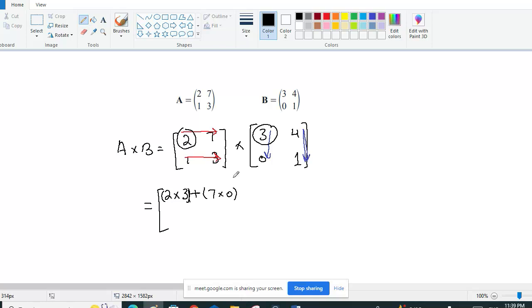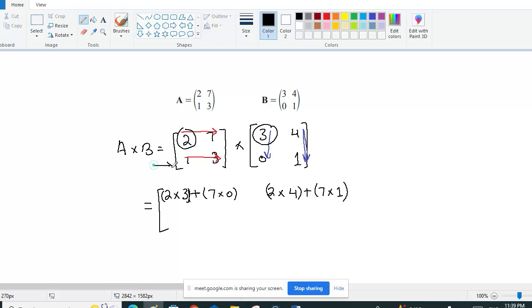Similarly, this same row will be multiplied by the second column, that is 2 multiplied by 4 plus 7 multiplied by 1. Now the first row is completed.